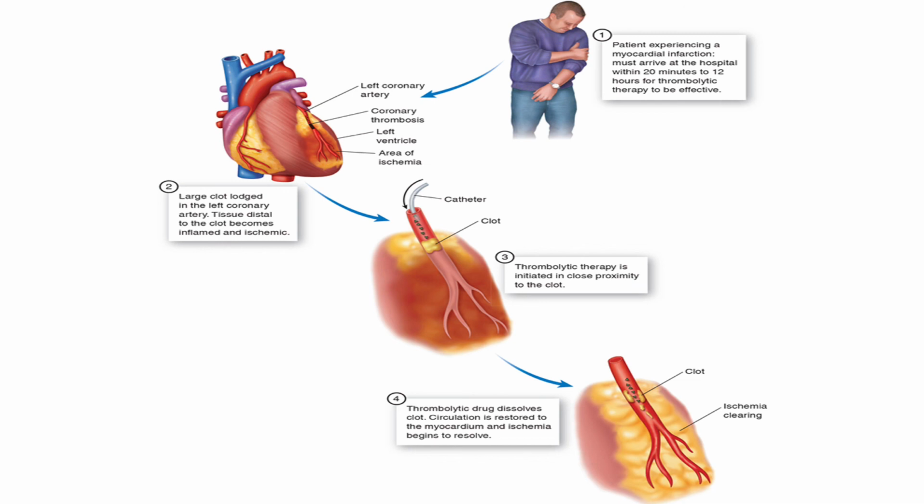At 12 hours, there's been a lot of damage and a lot of infarction already, so the thrombolytic won't be that effective. So the sooner it's given for a heart attack, the better the outcome will be if it opens the coronary artery. Okay, and I think that's it for this slide. So we'll go into the different types of heart attacks on another slide.